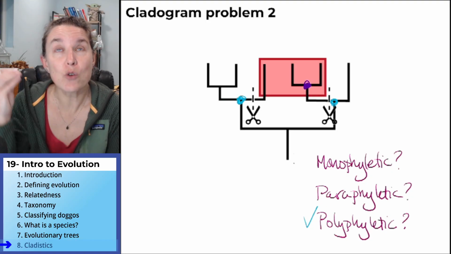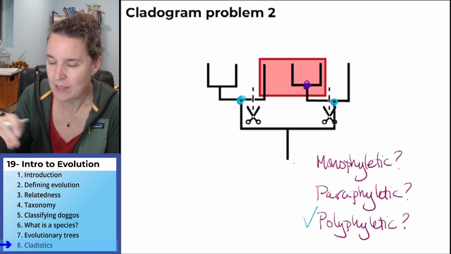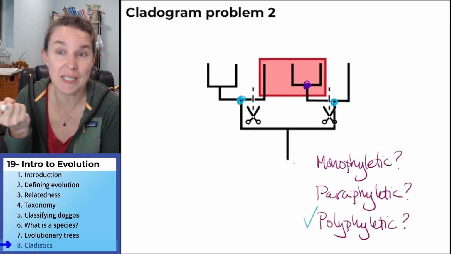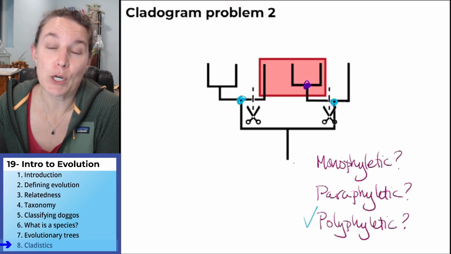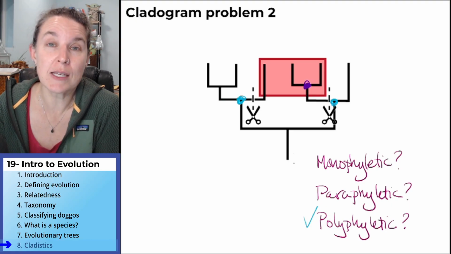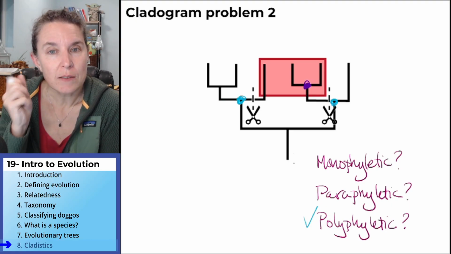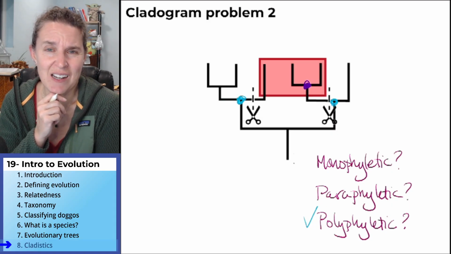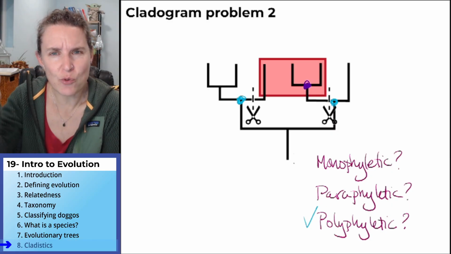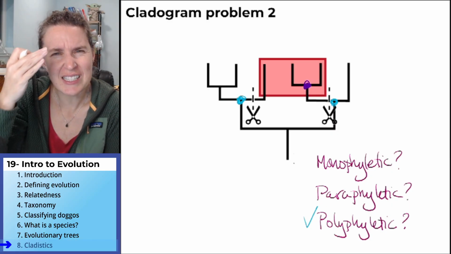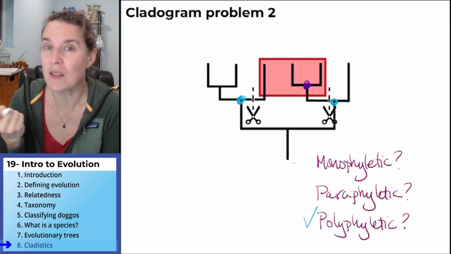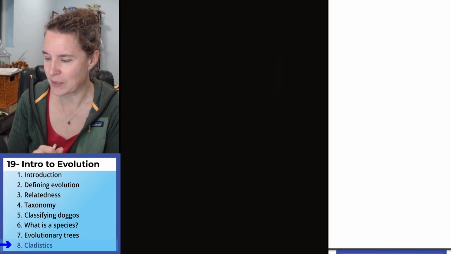If we made this little red box into a grouping, like we said, these are all birds, folks, cladistic humans are going to be like, I don't like that grouping because that doesn't tell me anything about evolutionary relationships. They don't like polyphyletic groups.